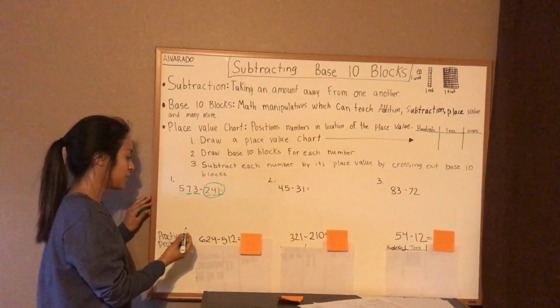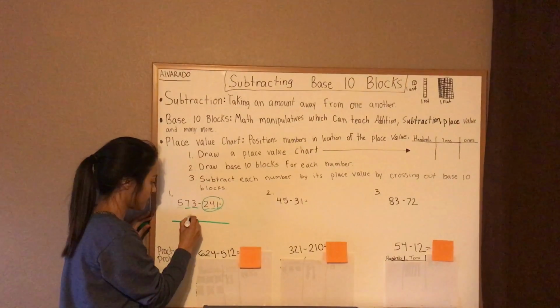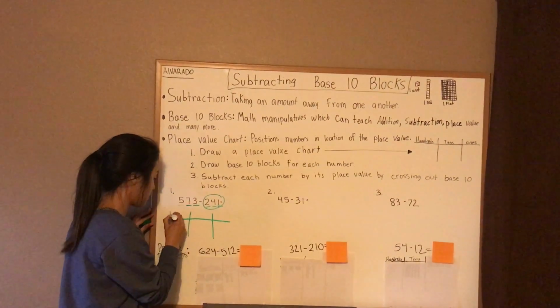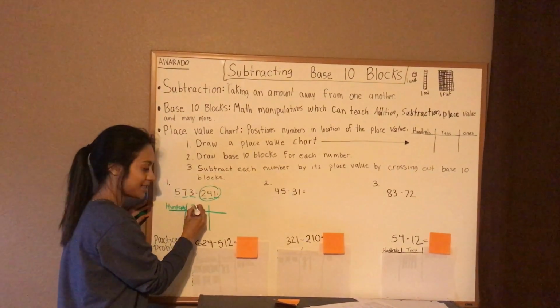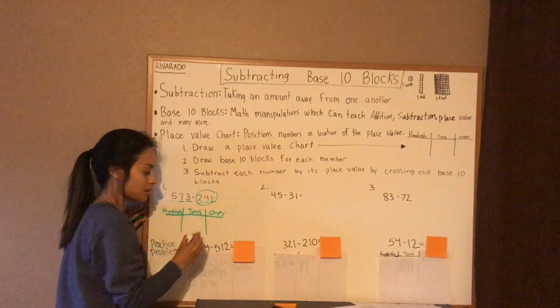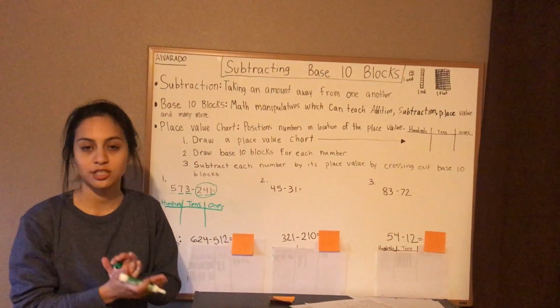So when we draw the place value chart, it's going to be like this, just like I showed you a second ago. It's going to be hundreds, tens, and ones. Does anybody have any questions about that? Everybody got it? We'll walk around just to double check.